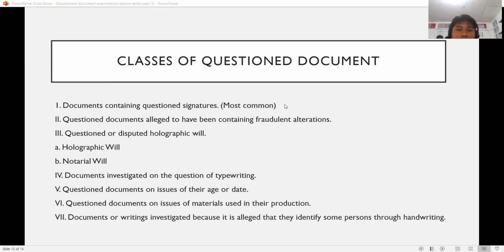The holographic will is usually questioned. Why? Because there are no witnesses and it is not notarized. Again, it is completely or entirely written, dated, and signed by the testator himself.